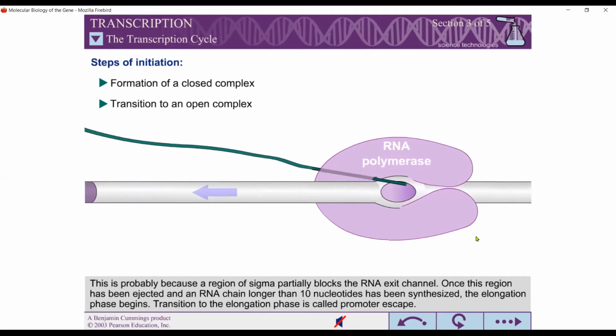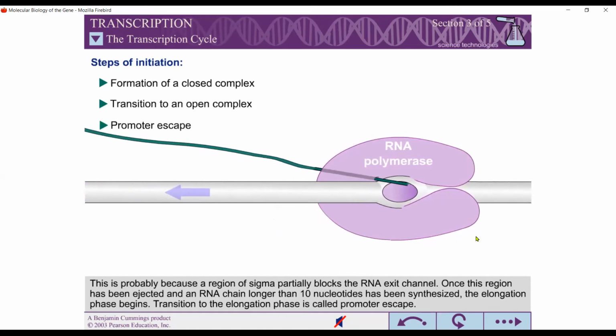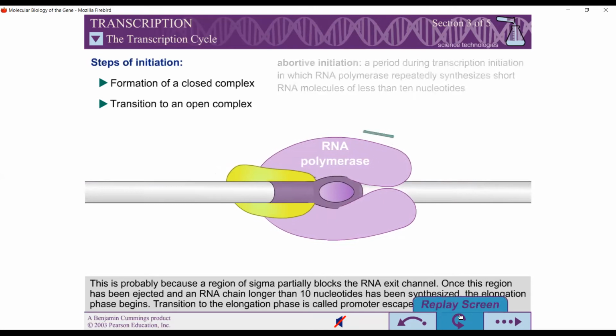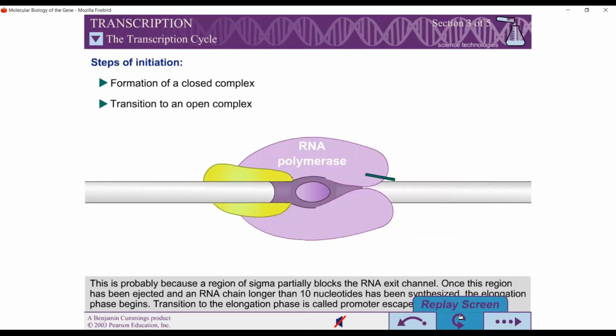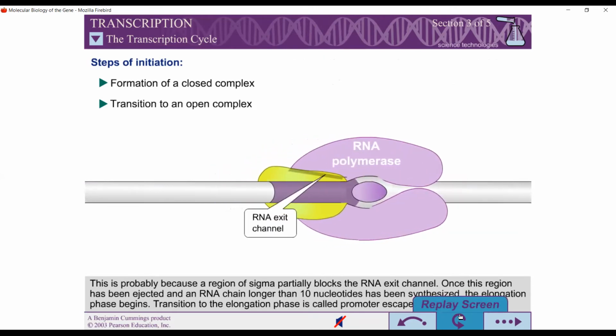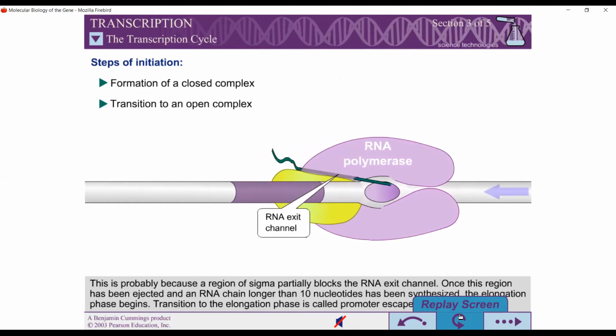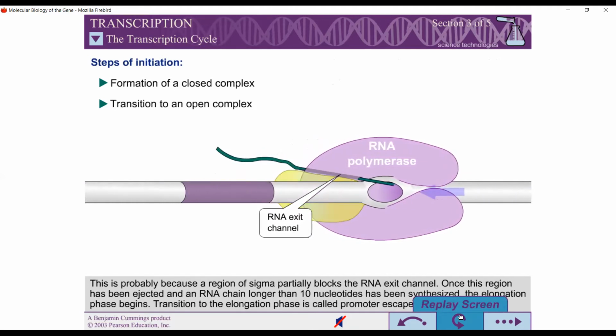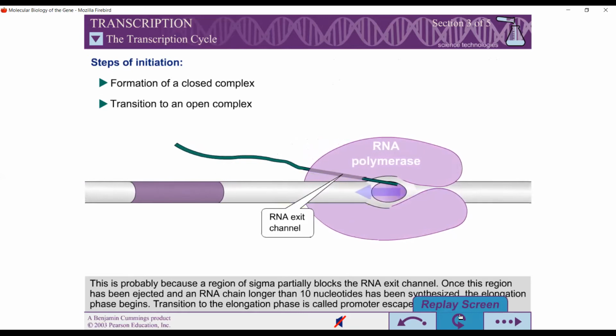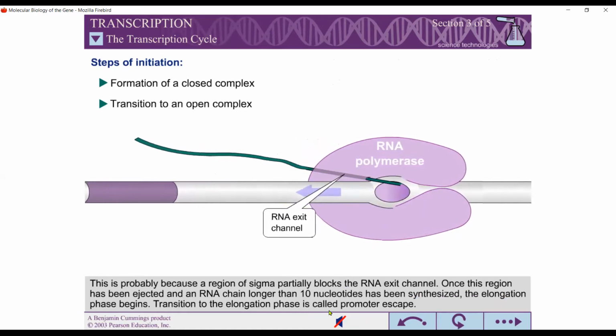And the moment the RNA polymerase escapes the promoter region, what we see is that the sigma opens up, promoter escape has occurred, and the polymerase has entered the elongation phase. So once more, we'll go over this. You see the structure of sigma. The moment the promoter escape occurs, sigma is opening and the elongation phase starts.